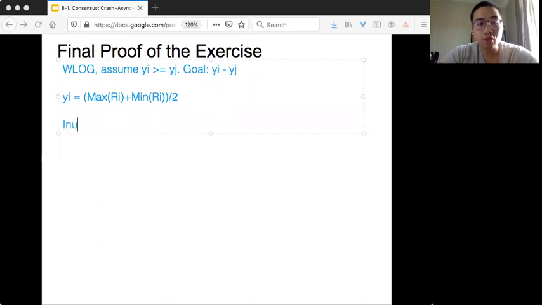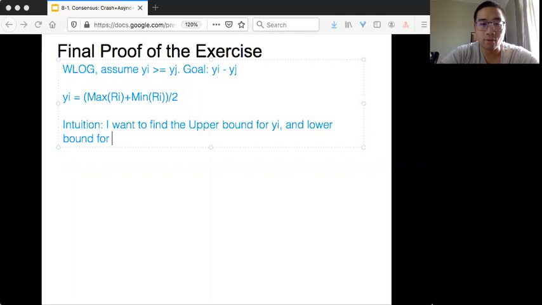So the intuition is that I want to find the upper bound for yi and the lower bound for yj, because that will give me the maximum size of the difference yi minus yj. Okay. And in order to do this, you will need some formal notation.